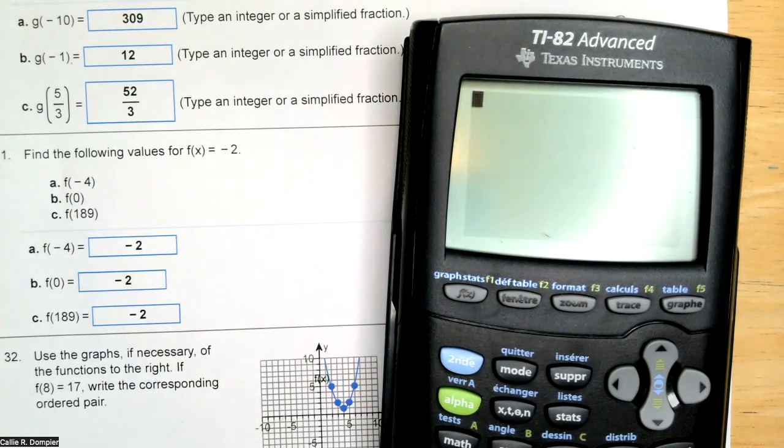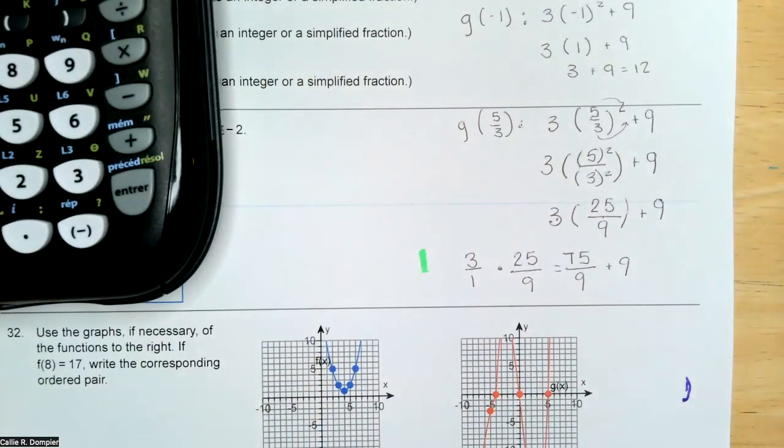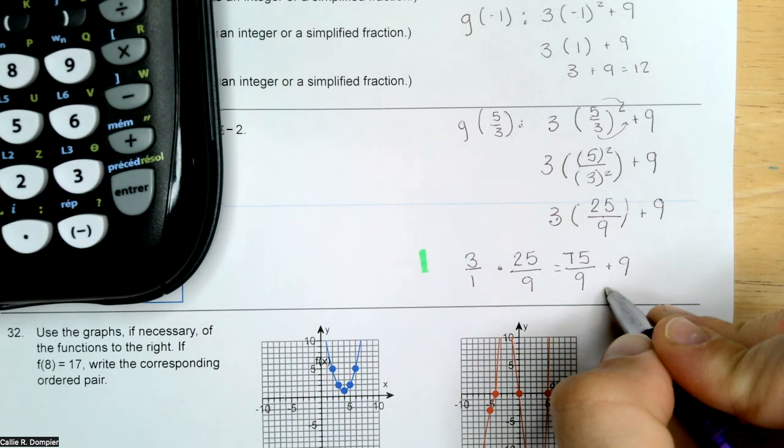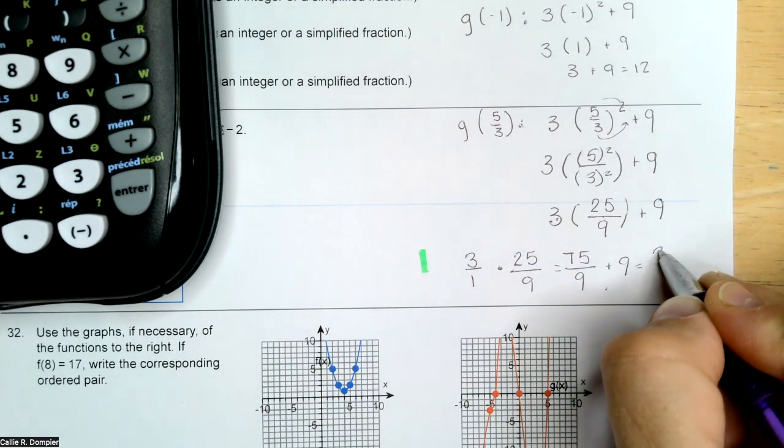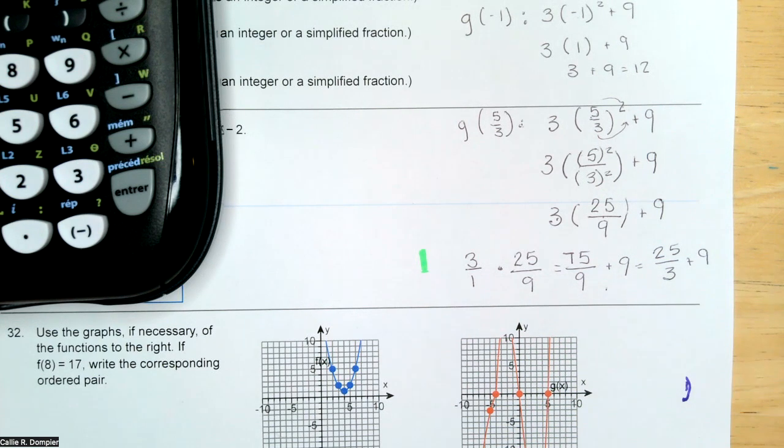I think you can divide both by 3, right? If I take 75 and divide it by 3, I get 25. If I take 9 and divide it by 3, I get 3. So 75 ninths can be simplified to 25 thirds plus 9. Okay.